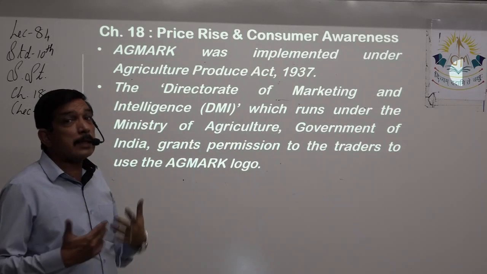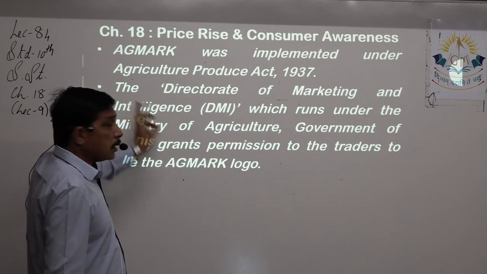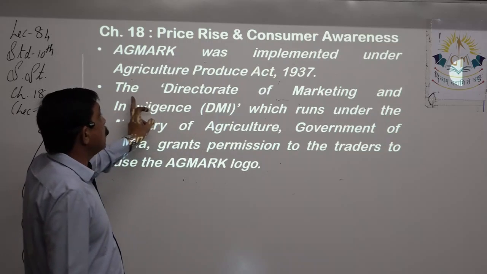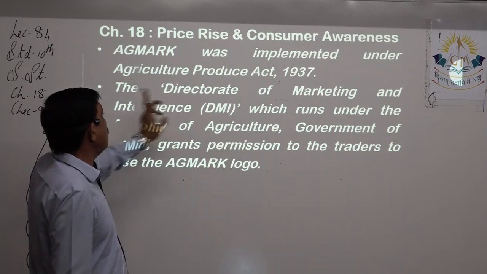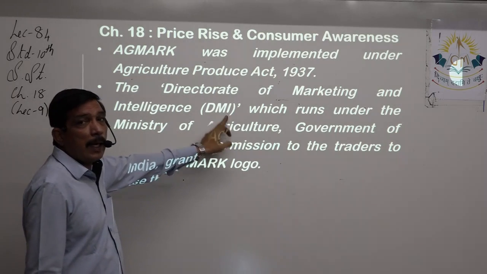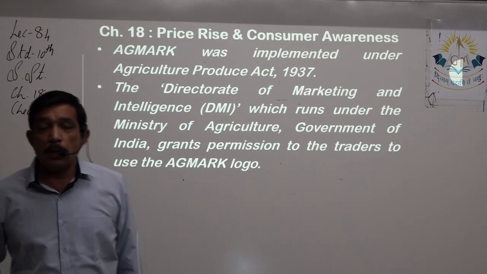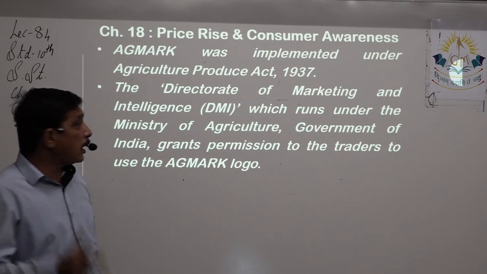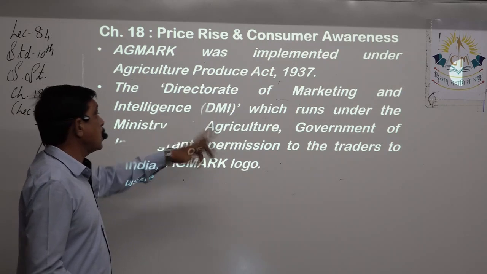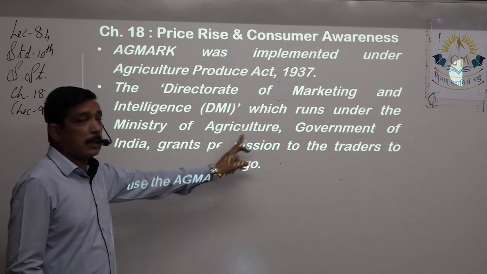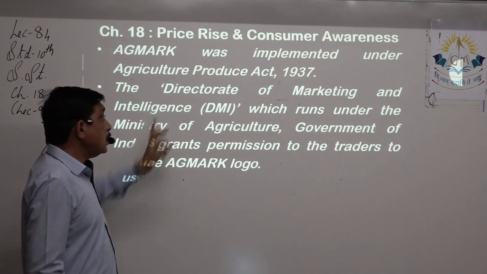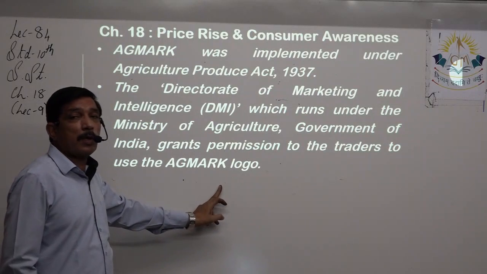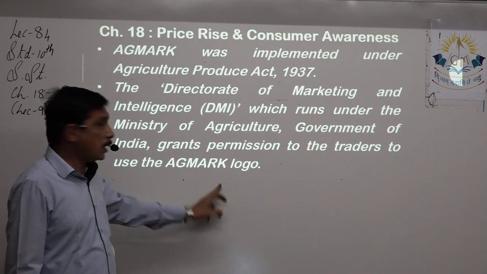Now, which body does this come under? It doesn't come under BIS, it comes under the Directorate of Marketing and Inspection, that is DMI, which is run under the Ministry of Agriculture, Government of India. This DMI is responsible for giving Agmark, not BIS, right?